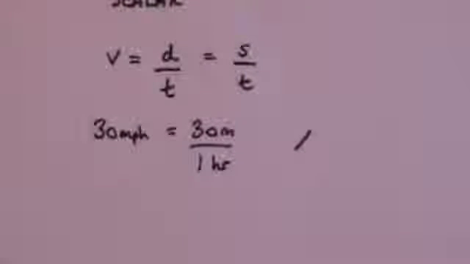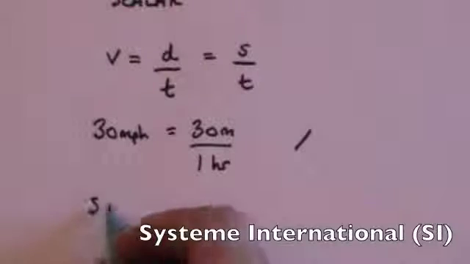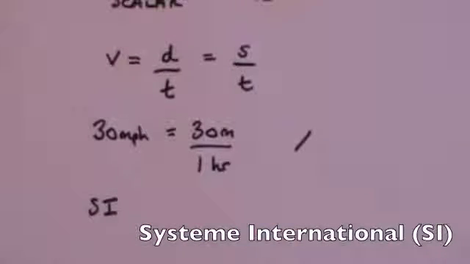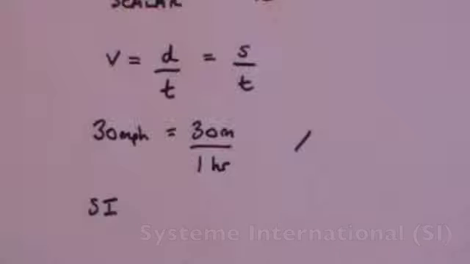Now we use what is called the Système International form of units. This means that we always use the same units, so we never get the wrong values because we're using different units. You can't, for example, mix miles and kilometres. You'll get into terrible state if you do that.